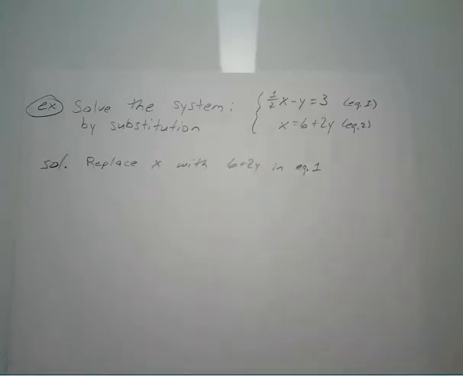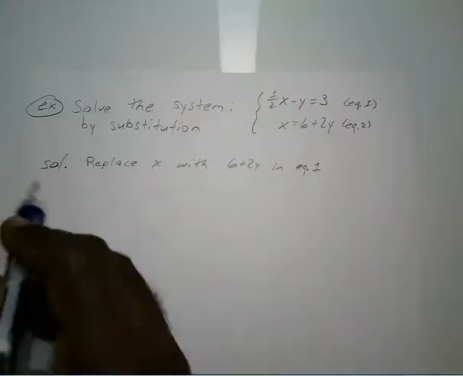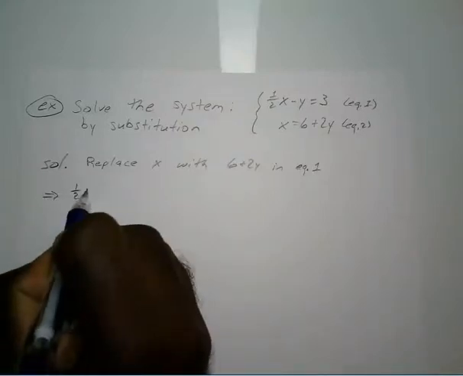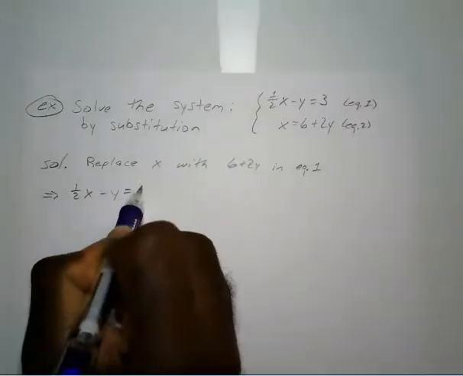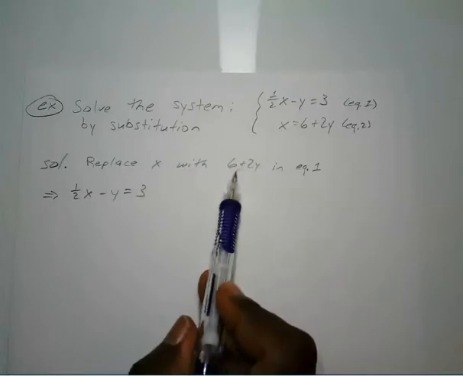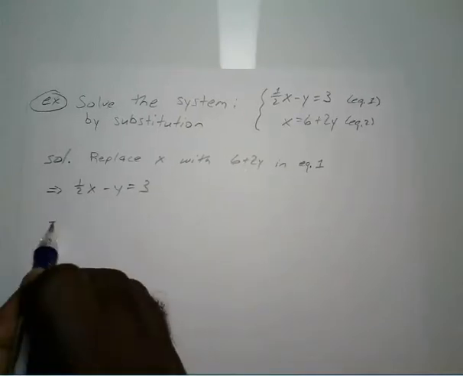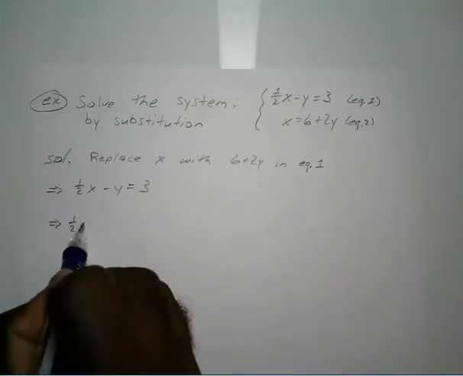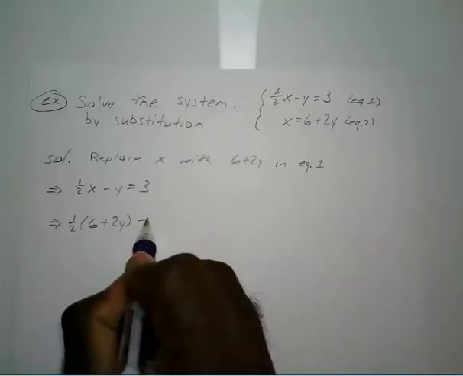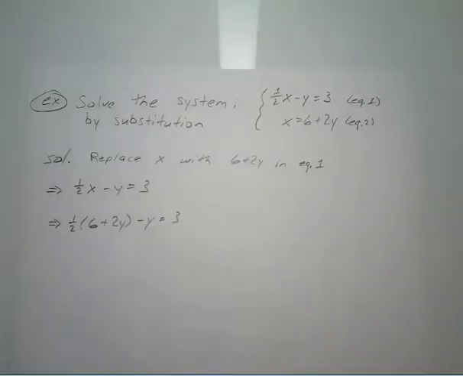It's done for us. Okay, so that means we have 1/2 x minus y equals 3. We replace x with 6 plus 2y. That gives us 1/2 times 6 plus 2y minus y equals 3.